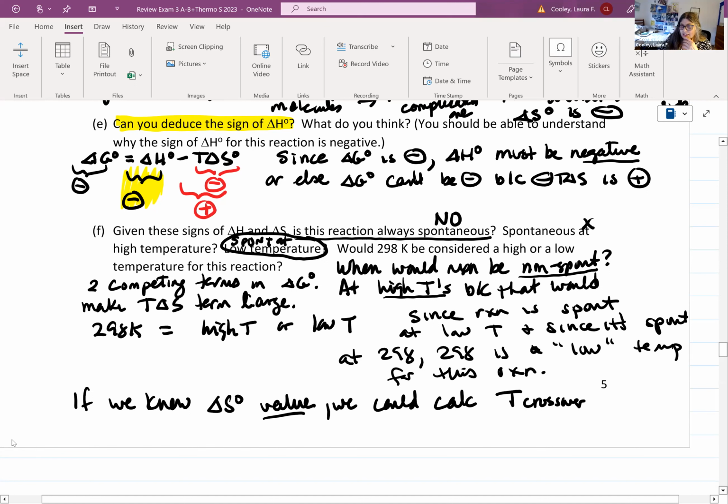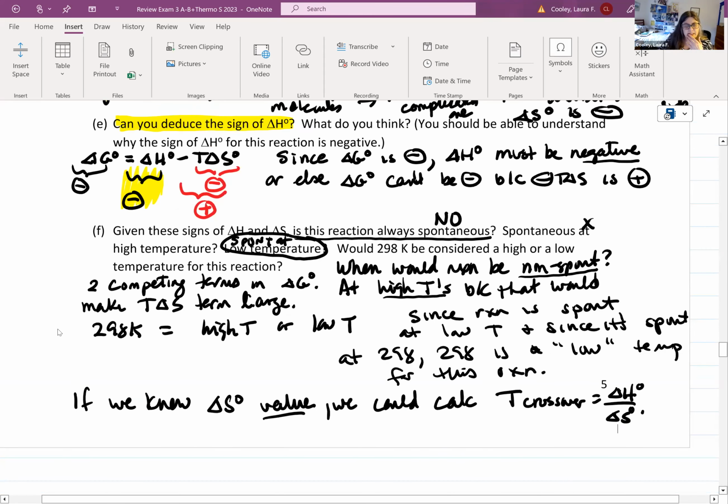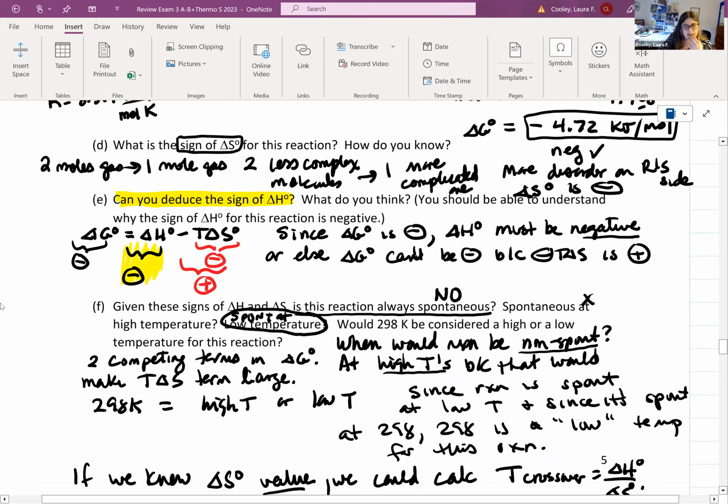I think we might have calculated that crossover temperature, but I think it was for the reverse reaction. So anyway, if we knew it, we could calculate this as delta H over delta S, but we don't know it, okay? All right. That's that.